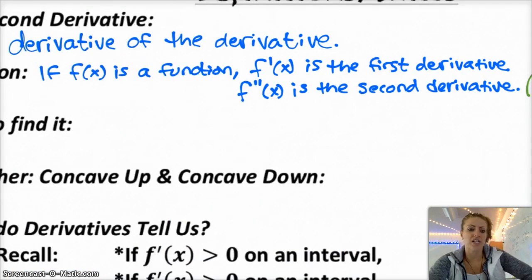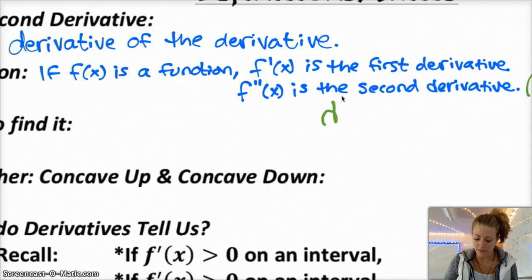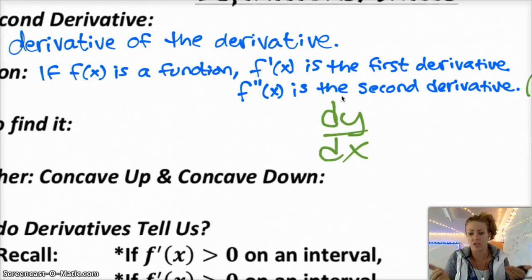Okay, so notation is if f of x is a function, then f prime is the first derivative, which you already know, and f double prime, which is two little apostrophes, is the second derivative. And then remember how I taught you about this dy dx notation, right? That just means the change in y over the change in x, delta y over delta x.